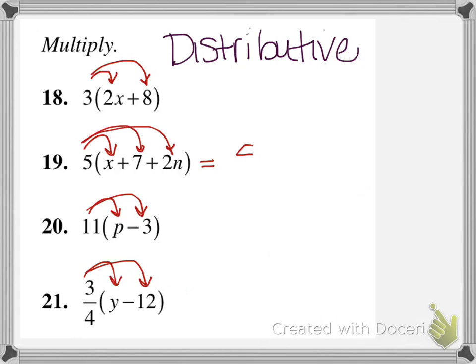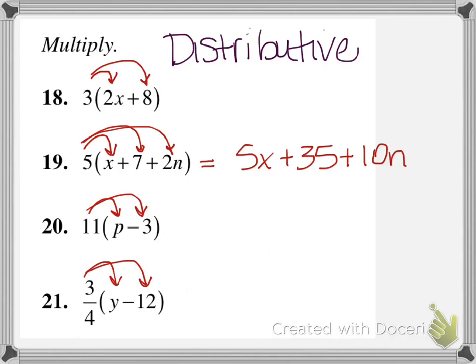Even though there's not a multiplication symbol there, the parenthesis acts as a multiplication symbol. So 5 times x is simply 5x. 5 times a positive 7, I know that's a positive 7 because it's plus 7, is a positive 35. And 5 times a positive 2n is a positive 10n. And that's my final answer. I just used the distributive property.